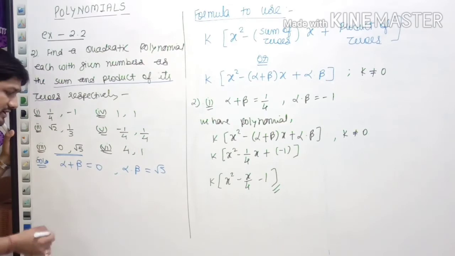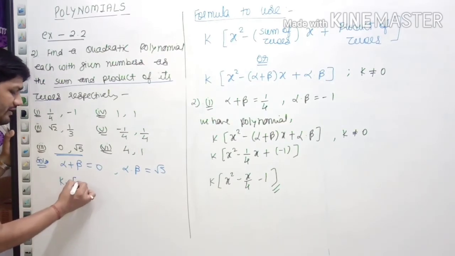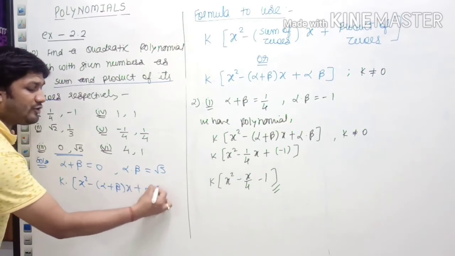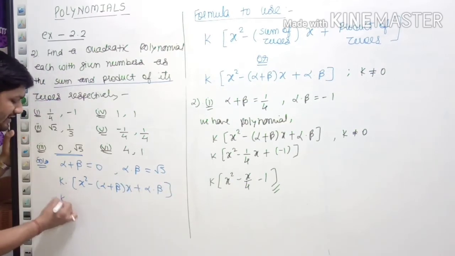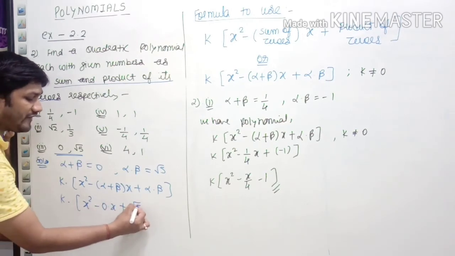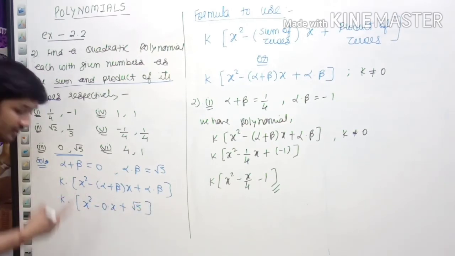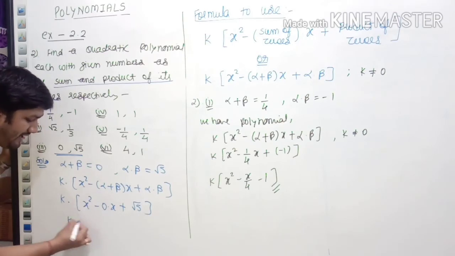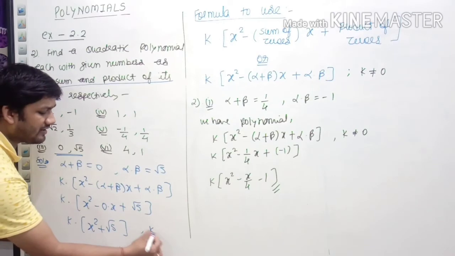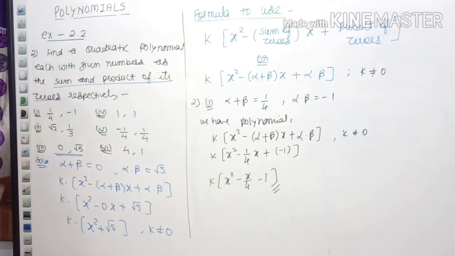So the answer is k into x square minus alpha plus beta into x plus alpha into beta. So k into x square minus 0x plus root 5. 0x is 0, so the answer is k into x square plus root 5. Now please mention k is not equal to 0.